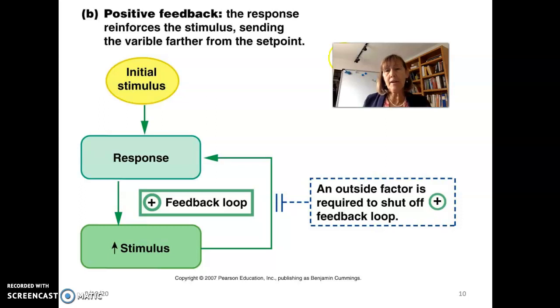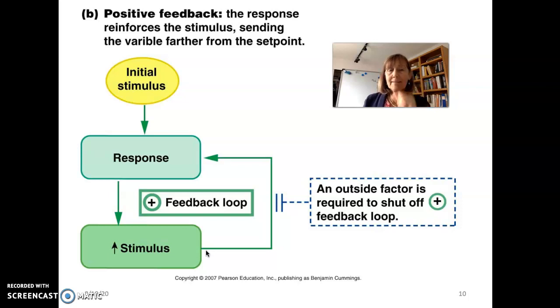So in my diagram, you have an initial stimulus giving a response, and it increases that stimulus. The only way you could shut that mechanism off, because if high, make it higher, and then higher and higher, is for some outside factor to shut it off.